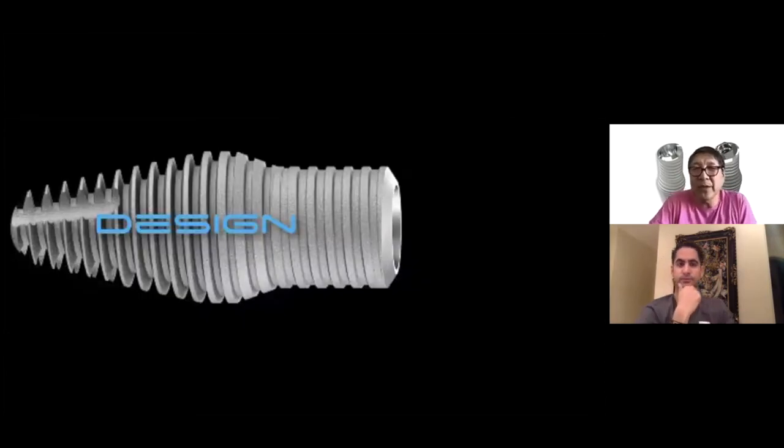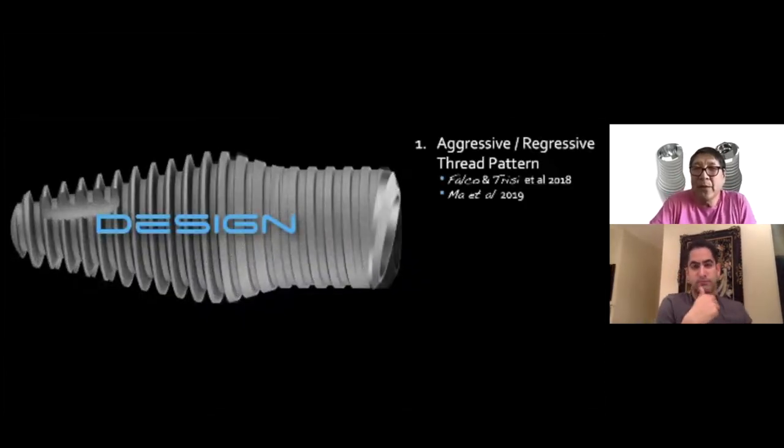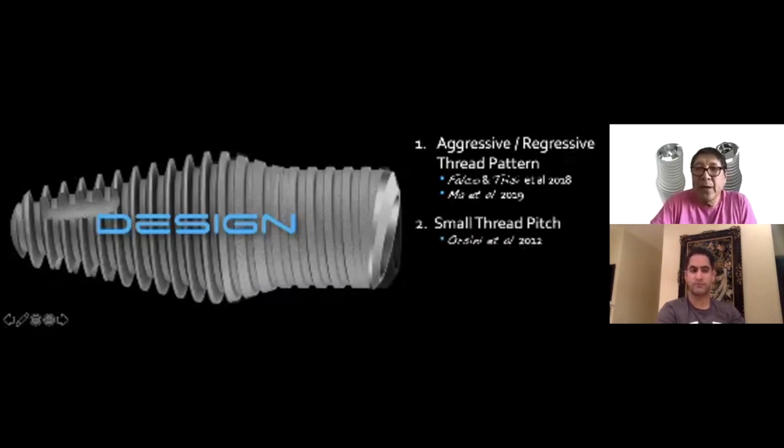So whether you're using a straight or a coaxial design, we have these aggressive threads at the apical portion where you need it. At the coronal portion, because of periimplantitis, you don't need aggressive threads, especially in the extraction socket. We also have what's called a smaller thread pitch, which means that the distance between threads is diminished.